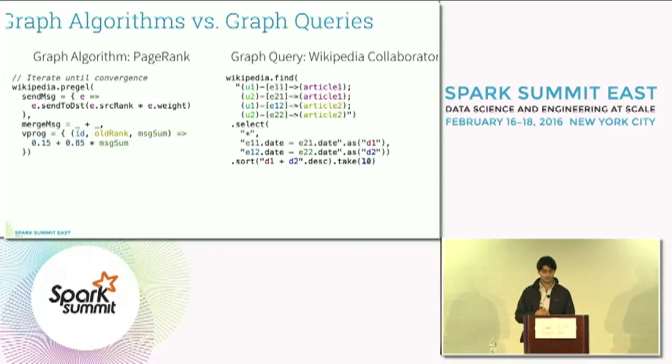Cypher is the query language for Neo4j, and then, having done that and gotten back a table which is a list of matches, we can also run further DataFrame operations on it, and that turns out to be important to express a lot of these things. So here, for example, I'm computing the difference between the two dates on each of the edges, and then I'm making sure that the dates don't exceed some amount. So there's this projection, selector, and there's a sort of filter.